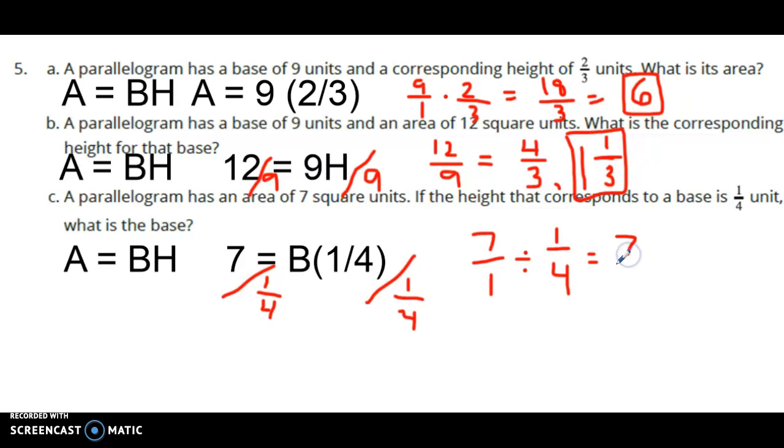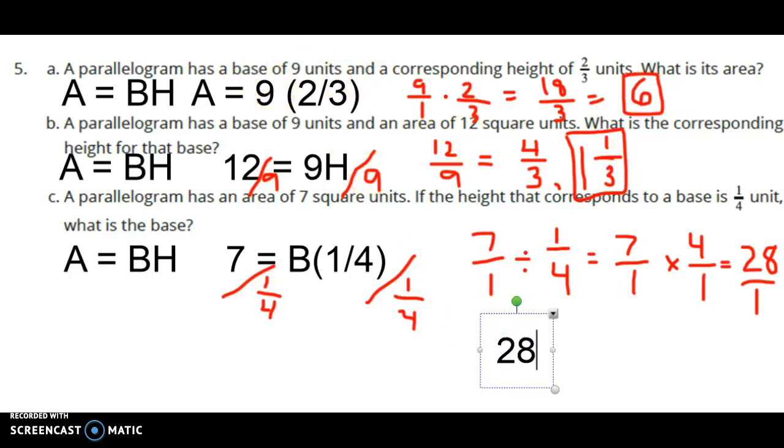I'm going to do 7 over 1 times 4 over 1, and that's going to give me 28 over 1, which is the same thing as 28. So my answer is simply 28.